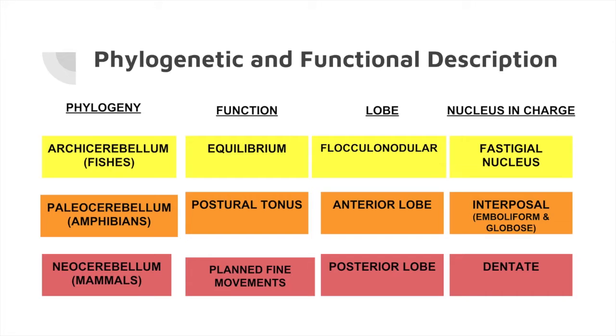So the first structure was the archicerebellum, which can be traced back to the fishes, and it's the part of the cerebellum that is in charge of equilibrium and balance. It is located on the flocculonodular lobe, and the nucleus that is in charge is the fastigial nucleus.